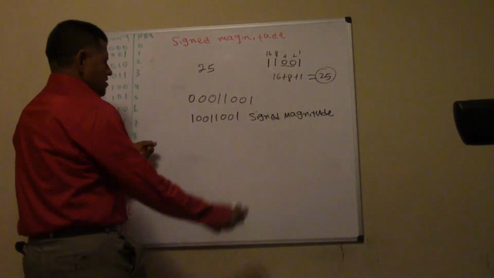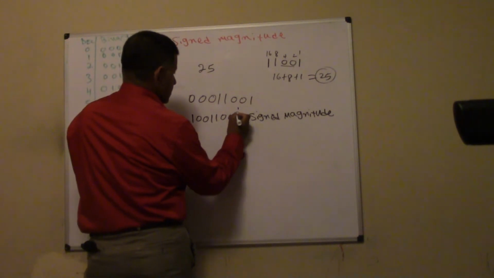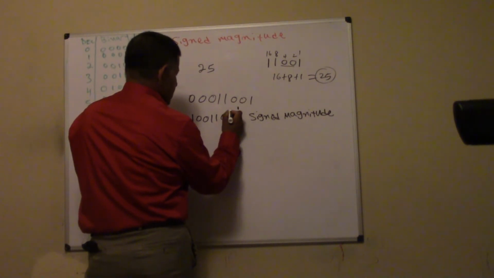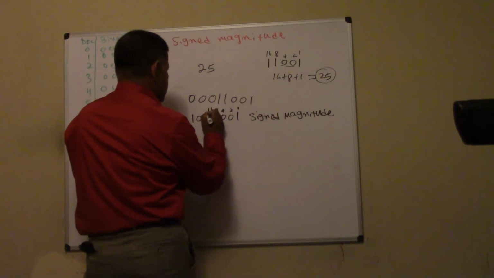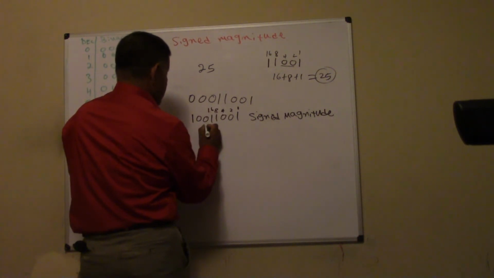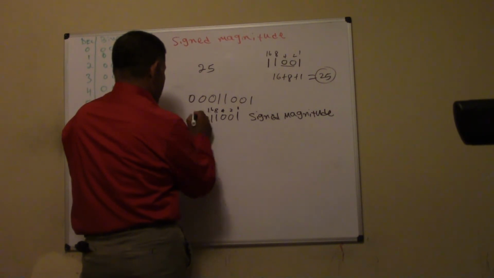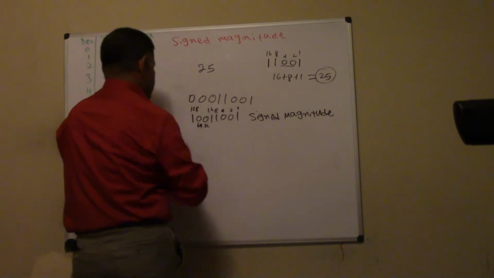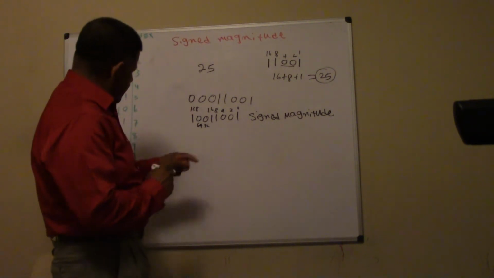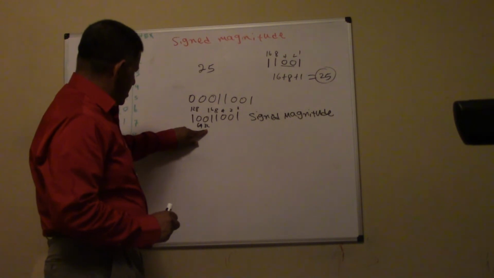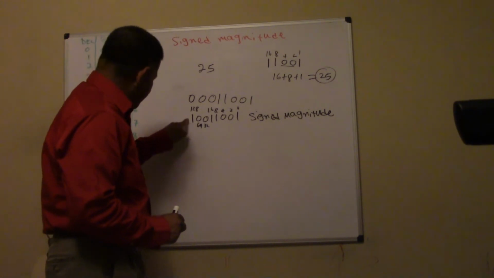Look, this is 1, right? This is 2, 4, 8, 16, 32, 64, 128. Okay, so these are zeros, and this is the negative.